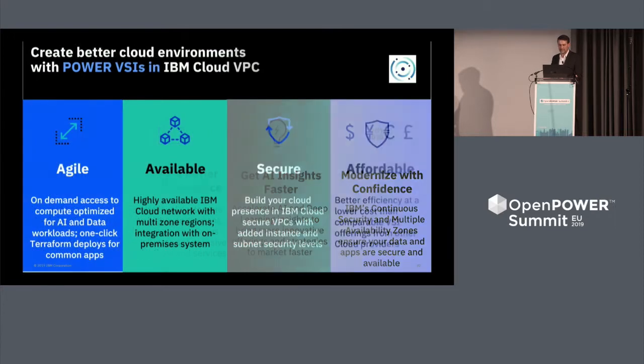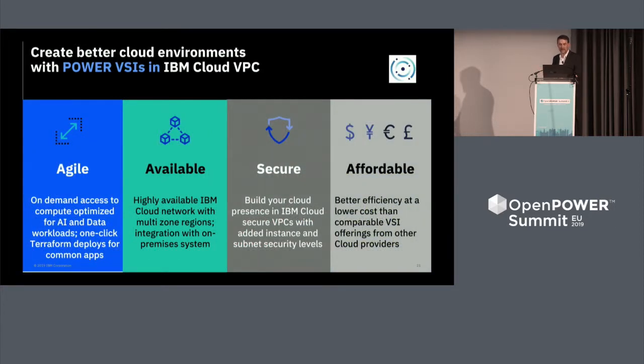And this next slide is similar to that because at IBM we're really trying to promote these principles with our environments and our offerings, that we're agile, available, secure, affordable. And that's going to be very important for this type of offering as well.